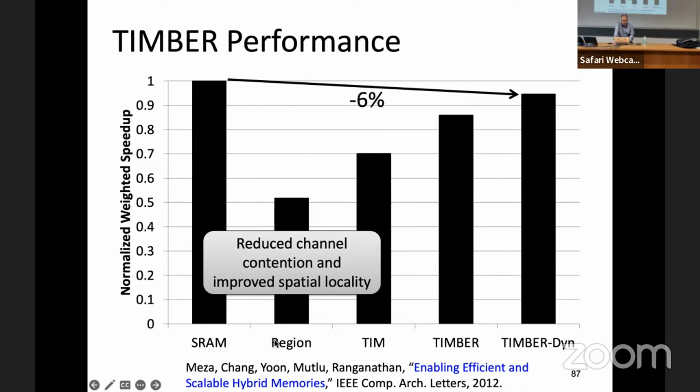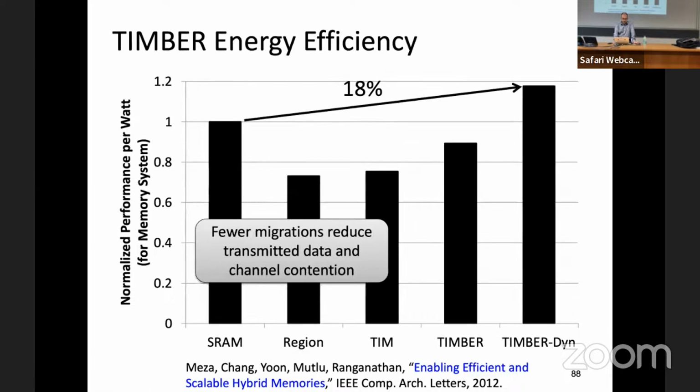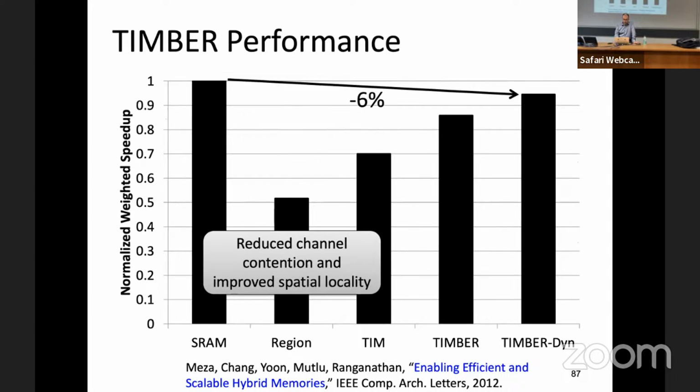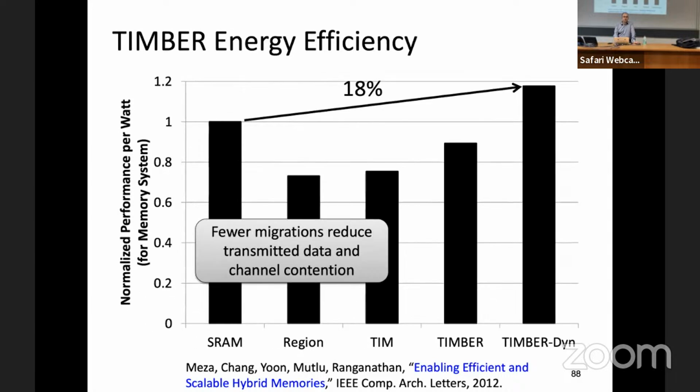But with our technique, we have the tag array in DRAM, and with all these techniques built on top of that, we can get performance very similar to that, but with quite lower complexity. In terms of energy efficiency, you get better energy efficiency because you don't reduce performance much, but you reduce the cost and power a lot because of lower storage.